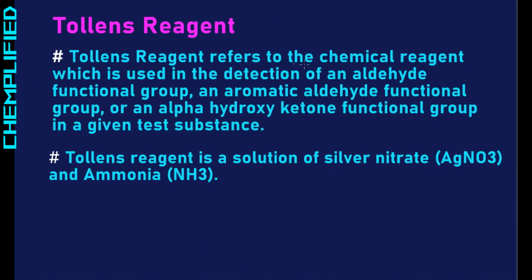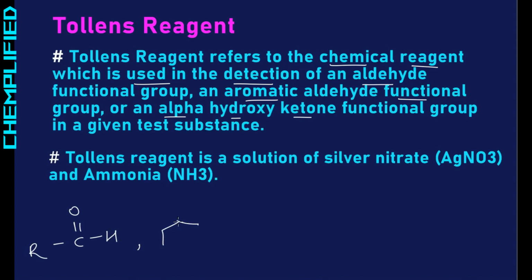Tollen's reagent is a chemical reagent which is used in the detection of an aldehyde functional group, aromatic aldehyde functional group, and alpha hydroxy ketone. Now let me write the three different categories. First of all, it will detect aldehyde.